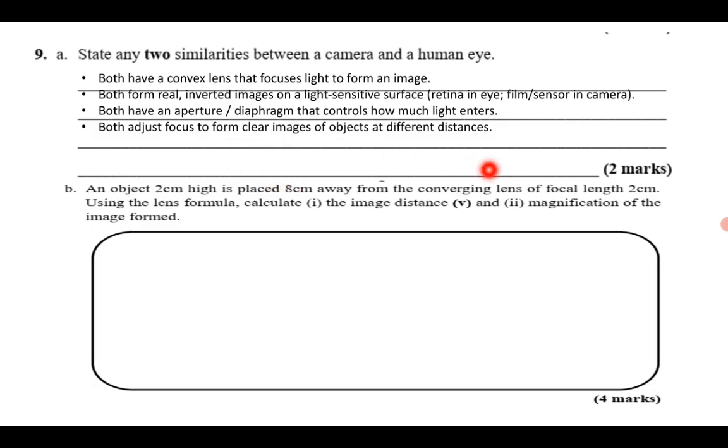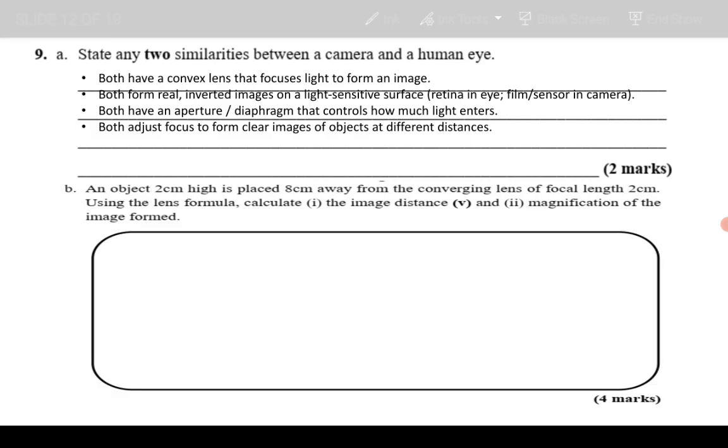So welcome learners. An object of 2 centimeters high is placed 8 centimeters away from the converging lens of focal length 2 centimeters. Using the lens formula, calculate the image distance and the magnification of the image formed. So recall the lens formula.